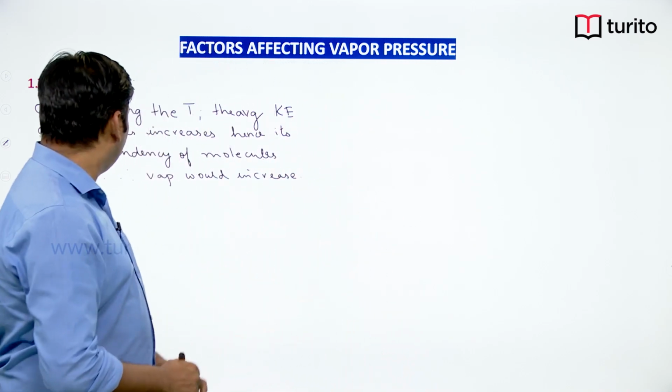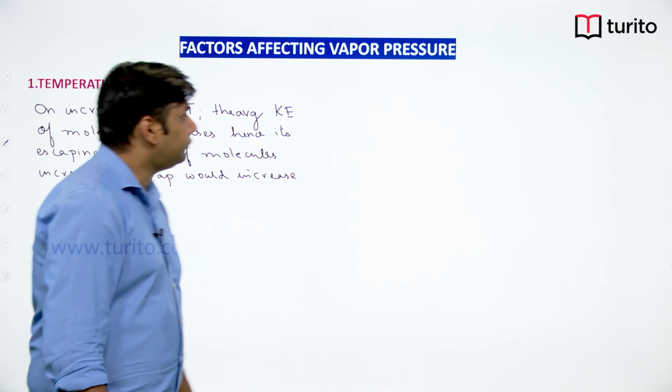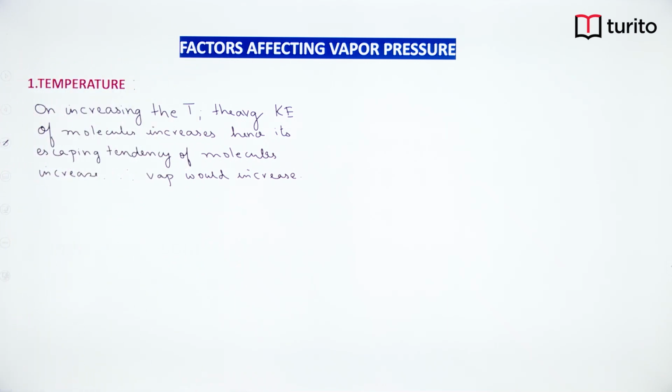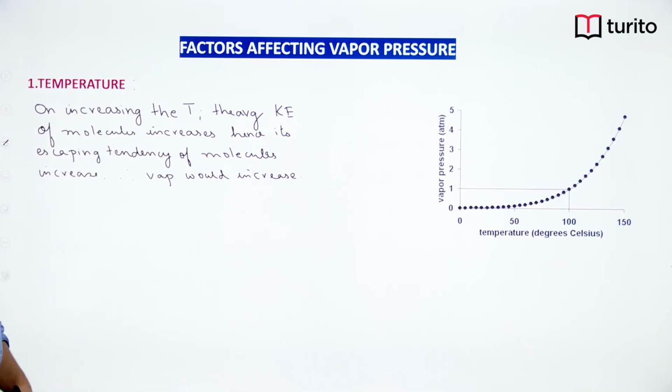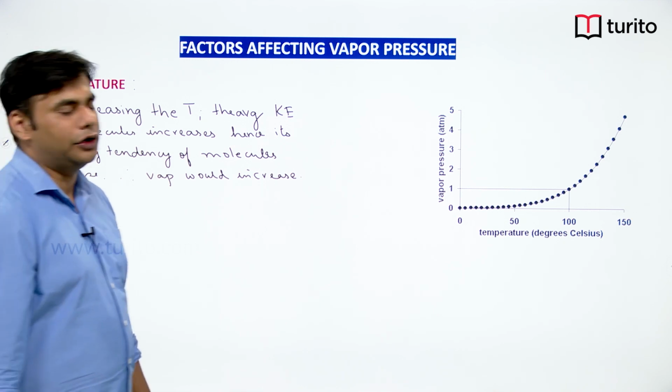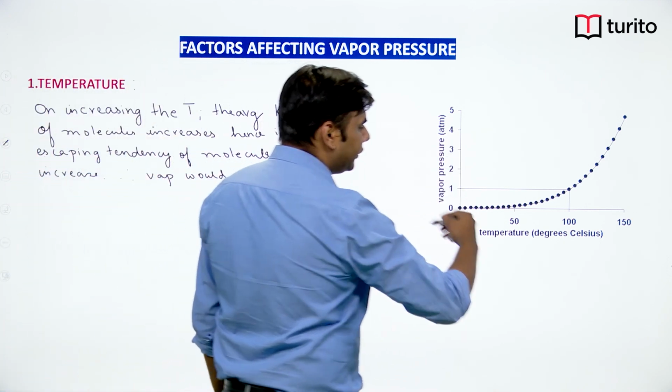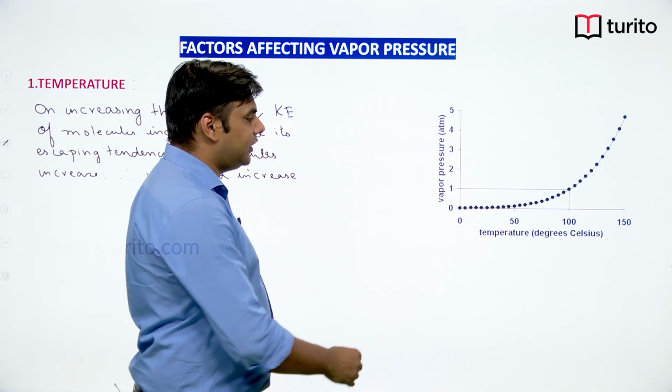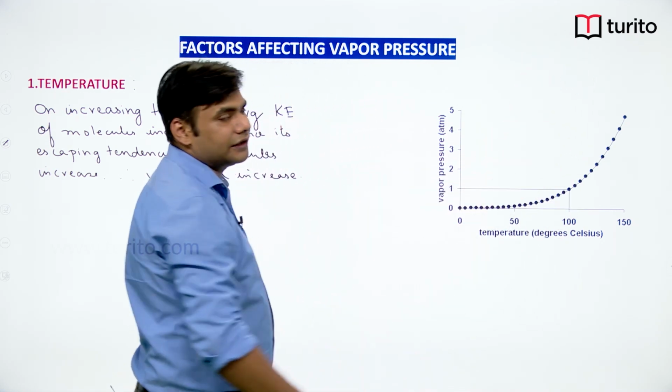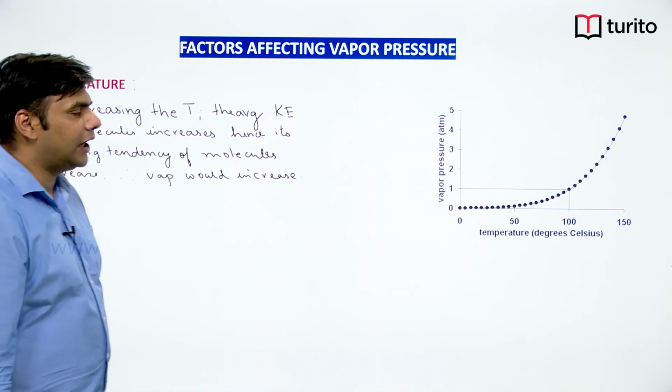If you look at the variation of vapor pressure with temperature, it is given by an equation known as the Clausius-Clapeyron equation. If you look at the vapor pressure versus temperature graph, you can see that on increasing the temperature, it increases, with an exponential type of increase.